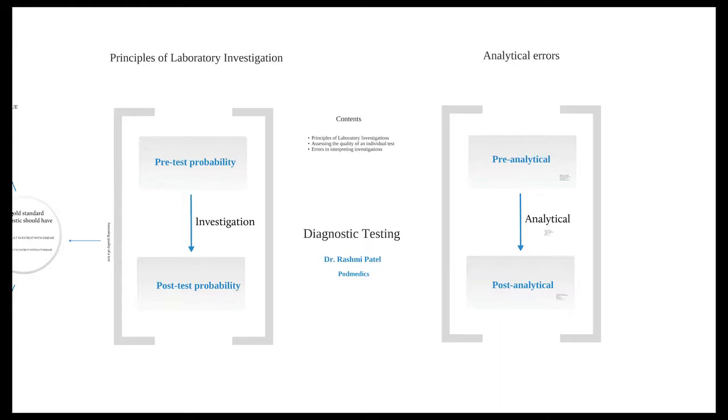And we looked at some concepts like the sensitivity, specificity, predictive value and likelihood ratio for that. And finally, some of the pitfalls which you can encounter when interpreting the results of a test, and these can be broken down into pre-analytical, analytical and post-analytical.